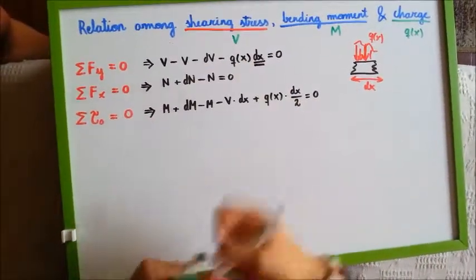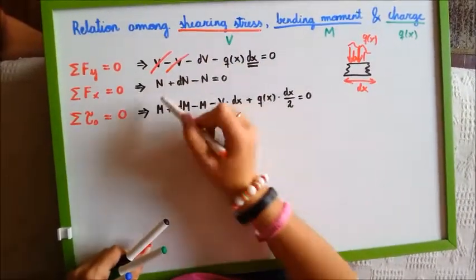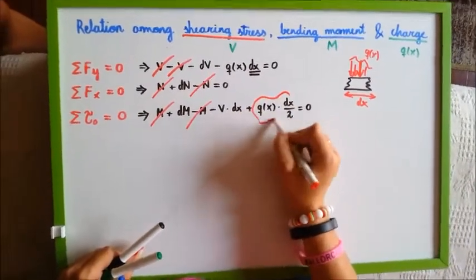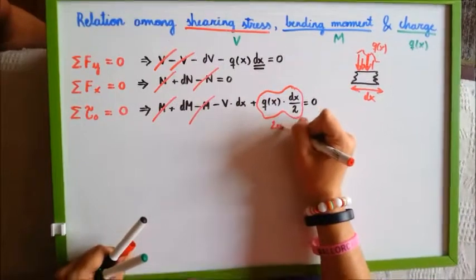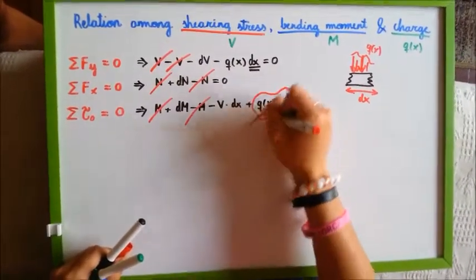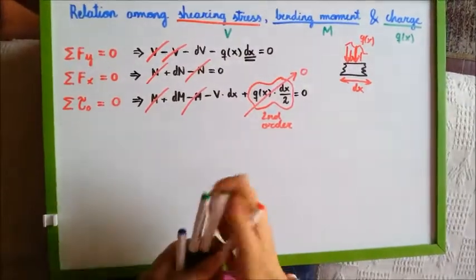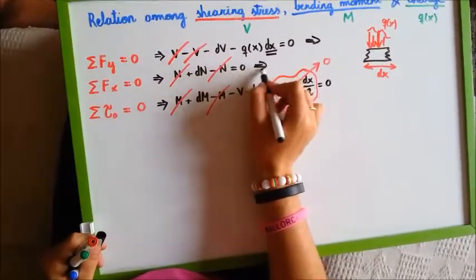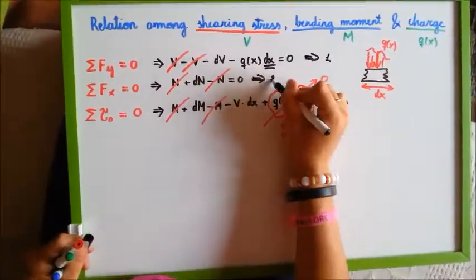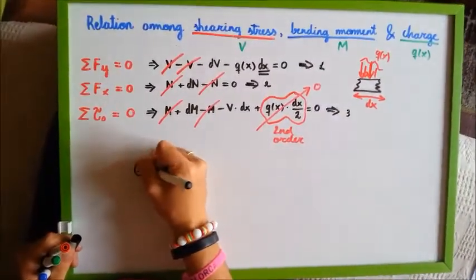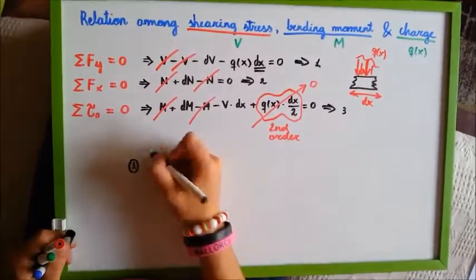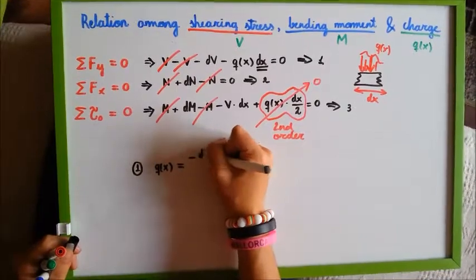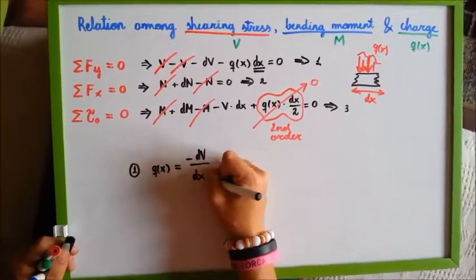So what do we have here? This cancels with this, cancels with this, cancels with this, and as this is a second order differential, it can be neglected. So from here, what do we obtain? First, this is the first, this is the second, and this is the third. From the first equation, we obtain that q of x equals minus dV over dx.